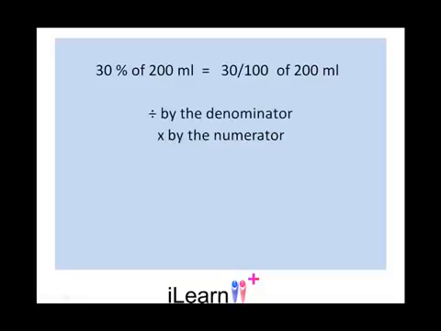Divide 200 by the denominator. Then multiply that by the numerator.